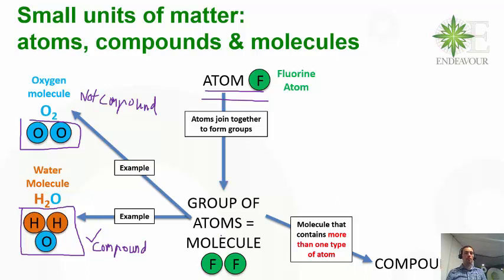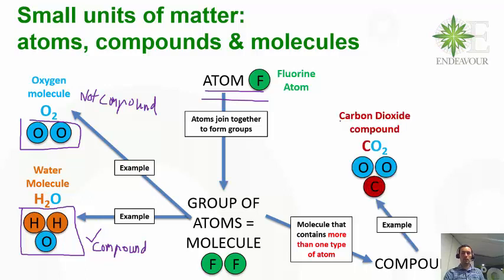So you can see that some groups of atoms can actually be considered molecules and compounds at the same time. For example, H2O is a molecule because it contains more than one atom. But it's also a compound because there's different types of atoms within that group. So here we can see another example of a compound.